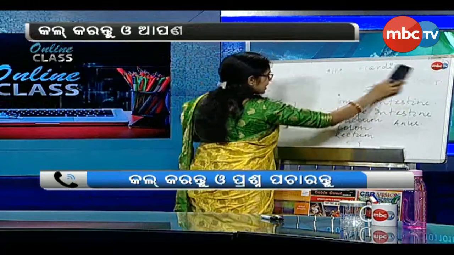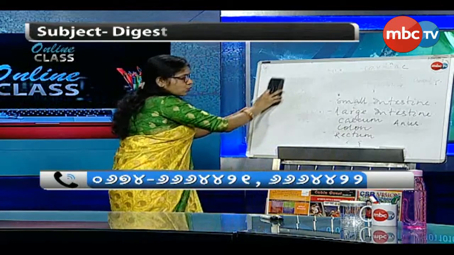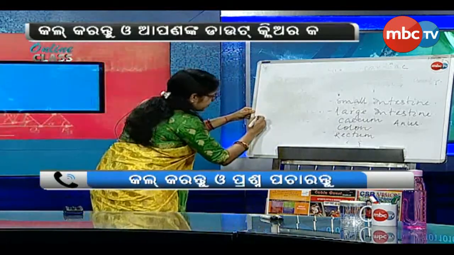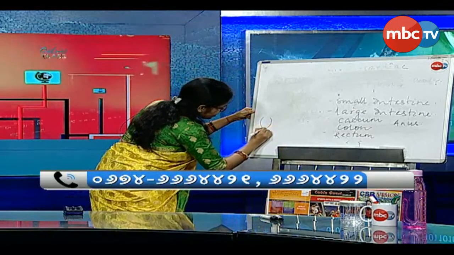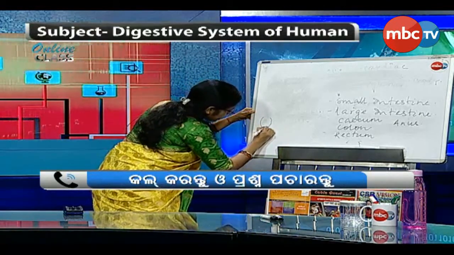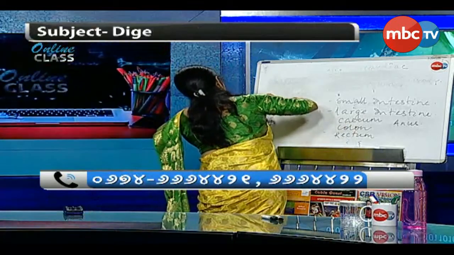Colon is regarded as the longest part of the alimentary canal. This is the structure of cecum, and the cecum leads into the next part, that is colon.